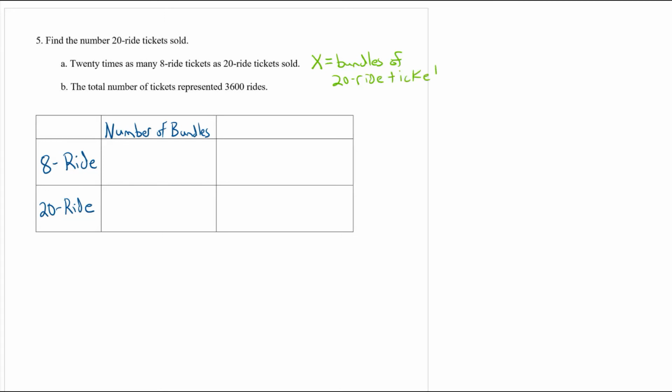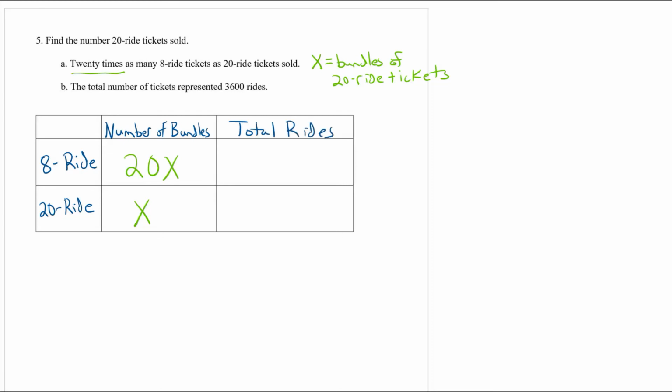So I'm going to go ahead and put that here, and then we know that there were 20 times as many 8 ride tickets, so that's going to be 20x. Now then what the total is would be our actual number of rides, right? Or I'm going to put total rides.